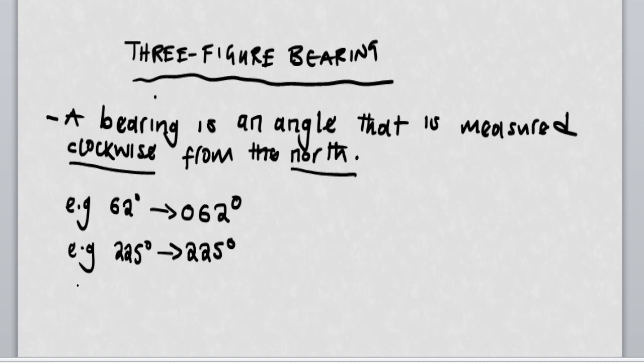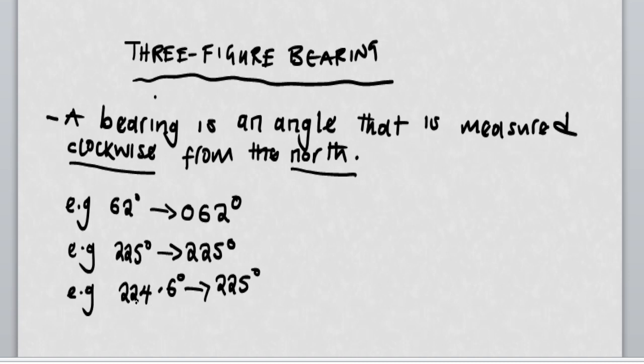Then the other thing you should note is when you have decimals. I'll give you an example. Suppose you have a decimal angle, 224.6 degrees. Now this is to four significant figures, so as a three-figured bearing you round it up so that it becomes 225 degrees.